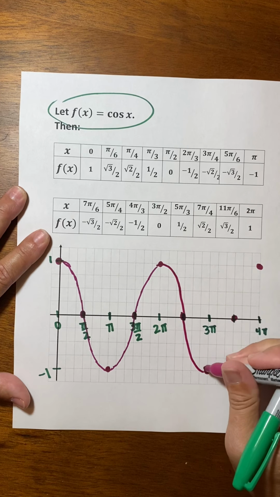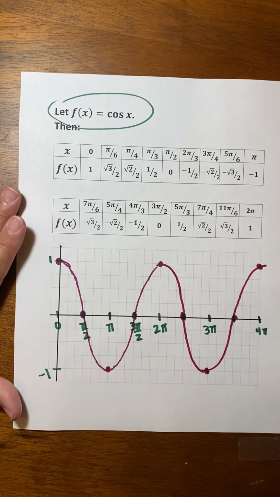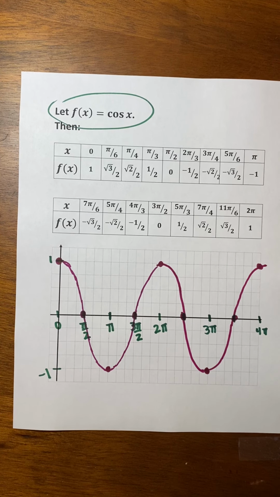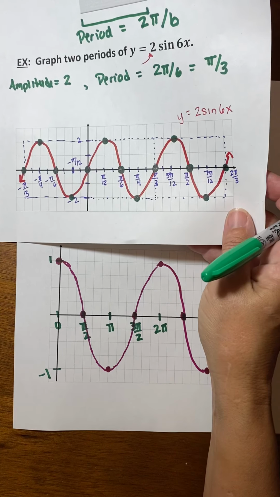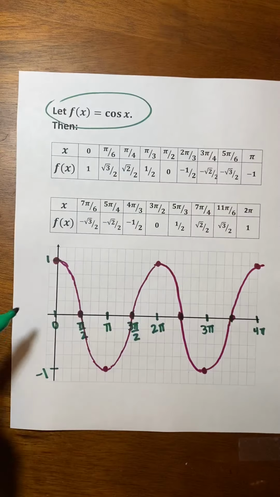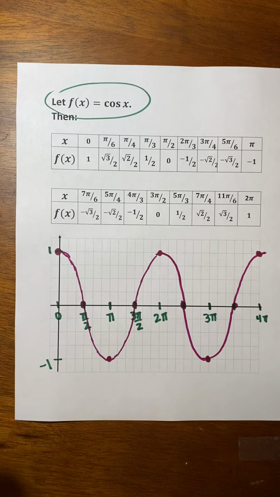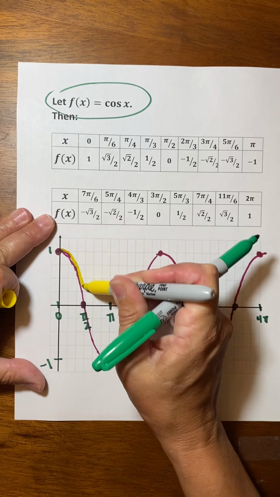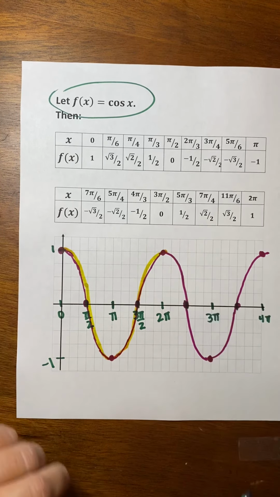So when we draw 2 periods of the cosine curve, we see that it's very similar to the sine curve. It's actually just the sine curve, right, shifted. So we call this, starting when x equals 0, 1 period of the cosine wave.